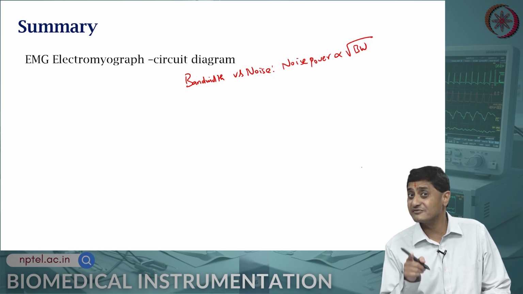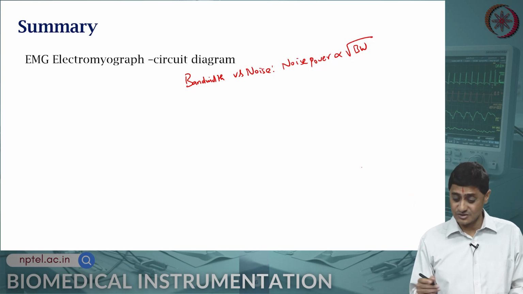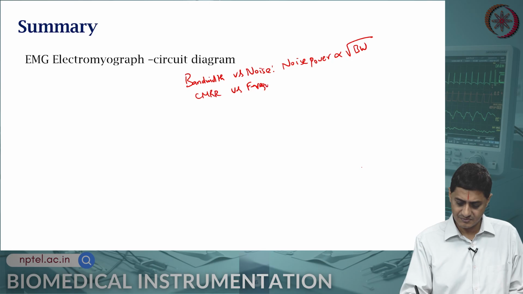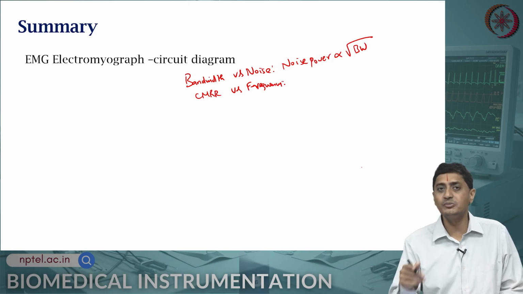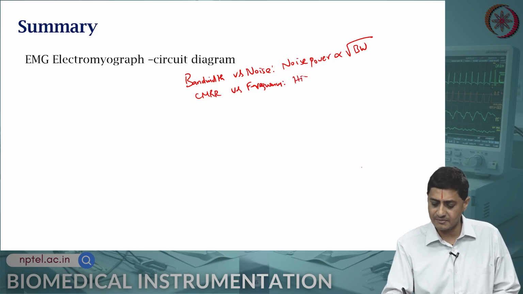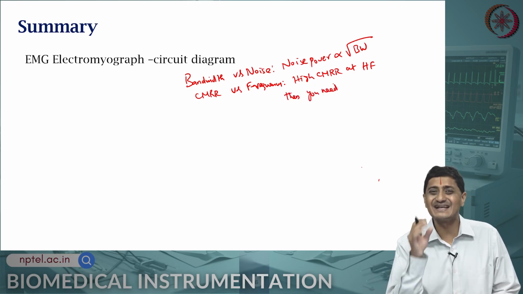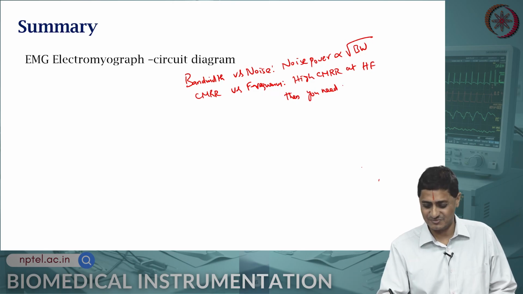Note that CMRR and frequency and bandwidth are also related, is it not? CMRR versus frequency. If you want to maintain high CMRR at high frequencies, then you need exact matching of components, precise component matching.